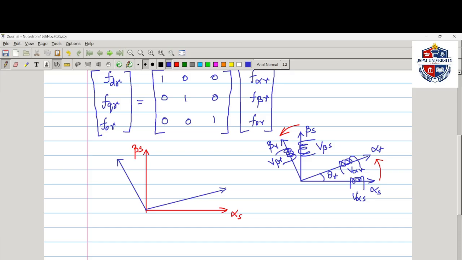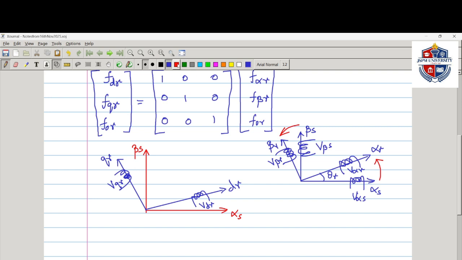I already told you alpha r is same as dr, right? So we can write here dr and qr. So for the windings in the dr, I can write vdr, the voltage we will apply. Similarly, for qr we will apply vqr. At the same time, this beta I am transferring to the rotor.